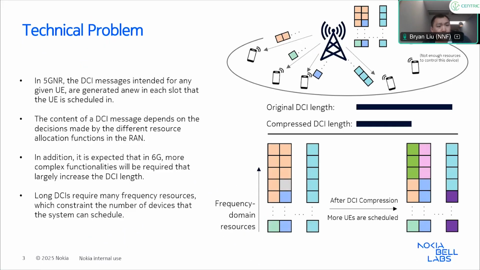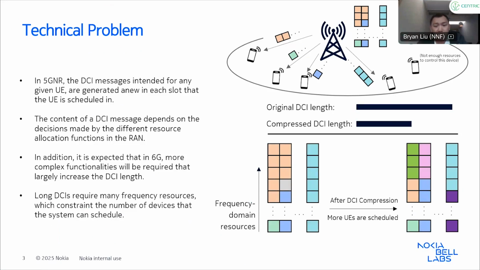First of all, the technical problem we're trying to solve here. As you may already know, it's about DCI compression, but why we need to compress this DCI message is simply because in our wireless system, we might easily encounter a control capacity bottleneck. This means if there are many UEs in the network, we need some frequency resources to control these user equipments.